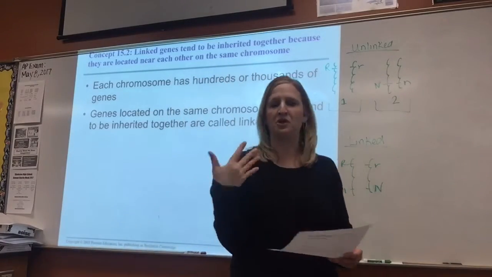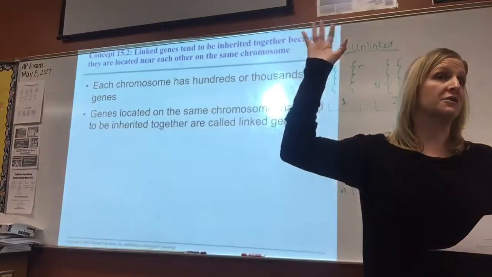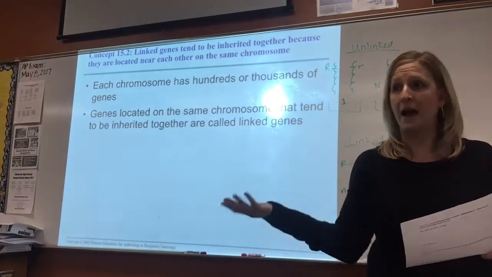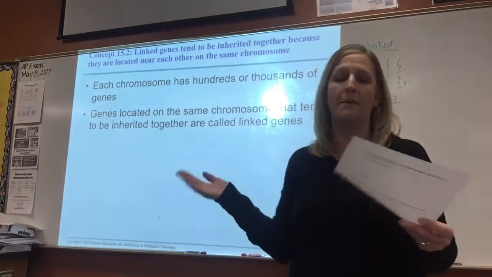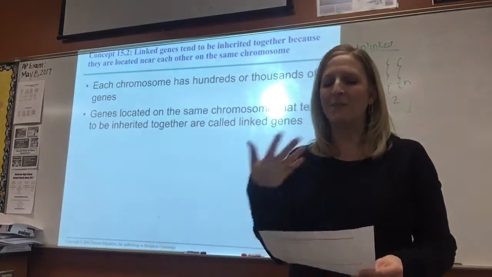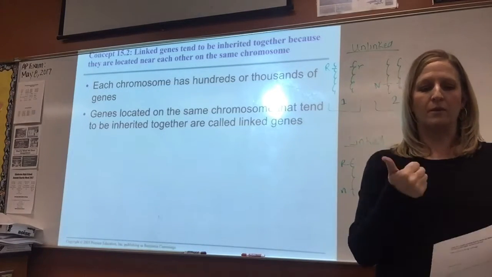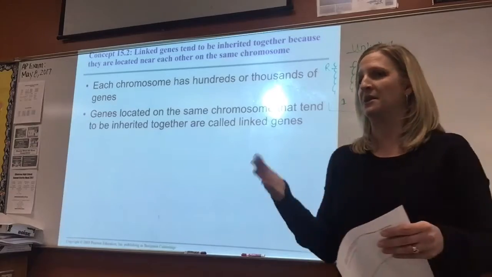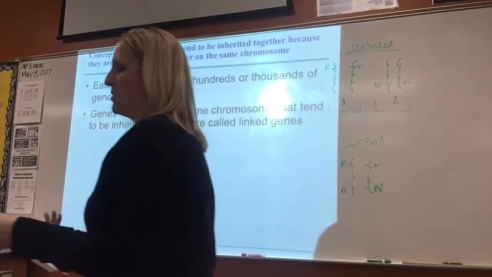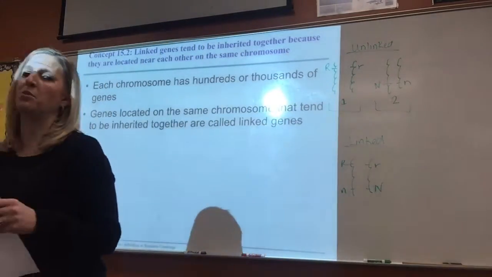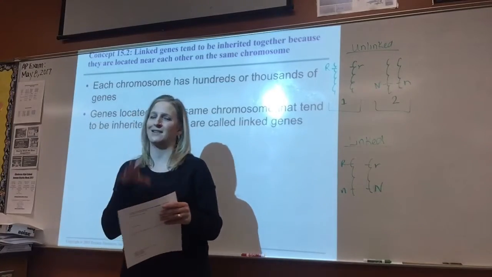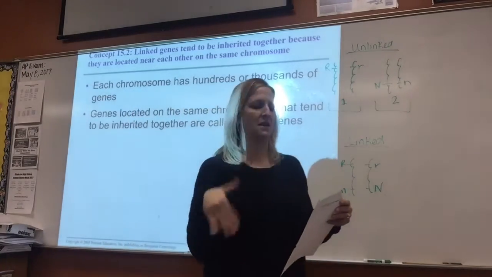Remember, the 5 fingers or 6 fingers, just because something's dominant doesn't necessarily mean it's more common. So in this case, I'm going to tell you which one's dominant, and that is, in this case, both the wild types are dominant. So gray and normal are dominant. But I just wanted to point out that just because it's that case here doesn't necessarily mean it's always that case.